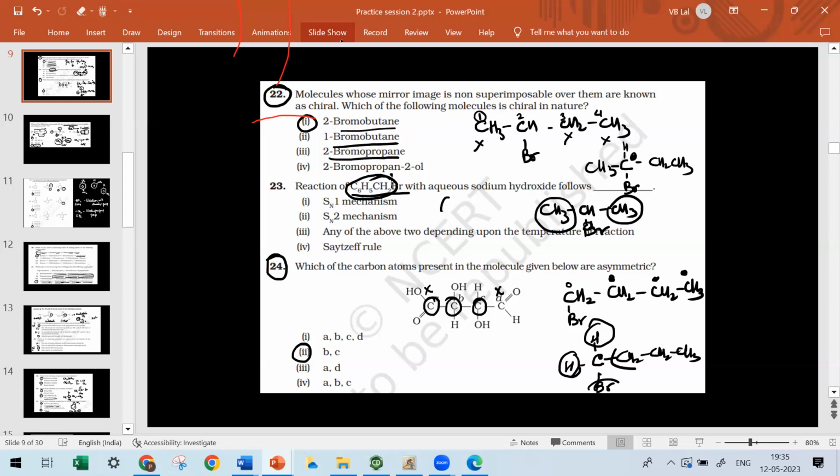So here, C6H5CH2 benzyl carbocation is also like a tertiary carbocation, stabilized by the plus I effect of 3 alkyl groups. Similarly, this one also stabilizes very easily, so it will undergo SN1 reaction. Wherever the carbocation is stable, it undergoes SN1 reaction.